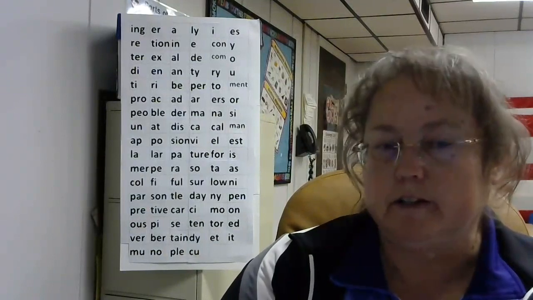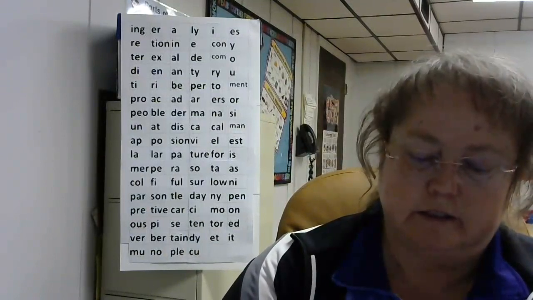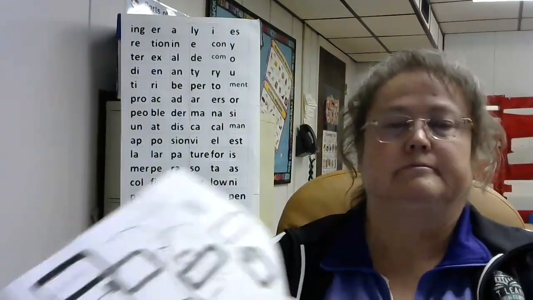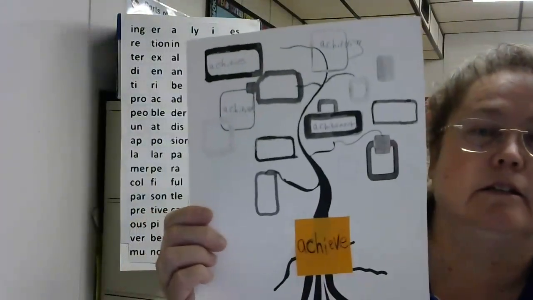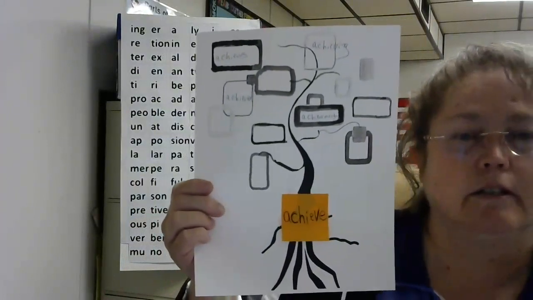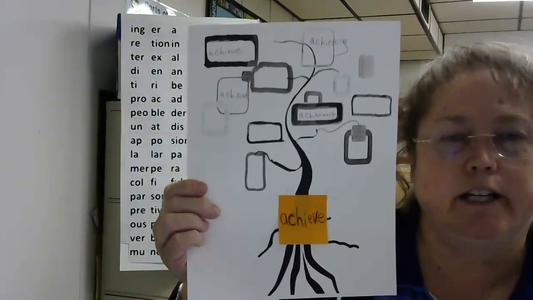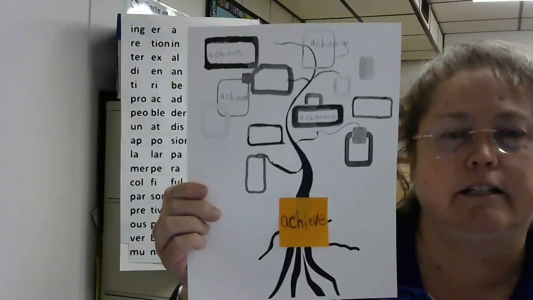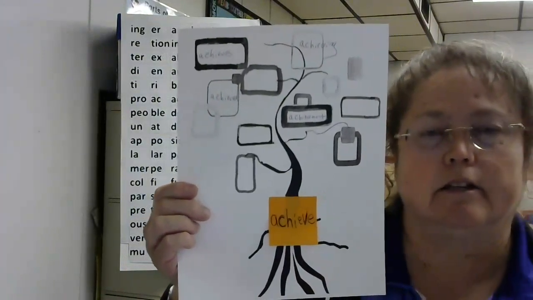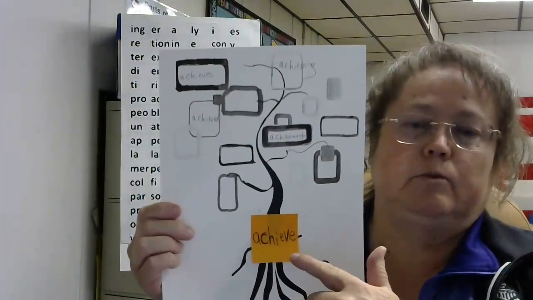All of those can be found on your suffix grid. Okay, so achieves, achieved, achieving, achievement are all family words to the root word achieve.